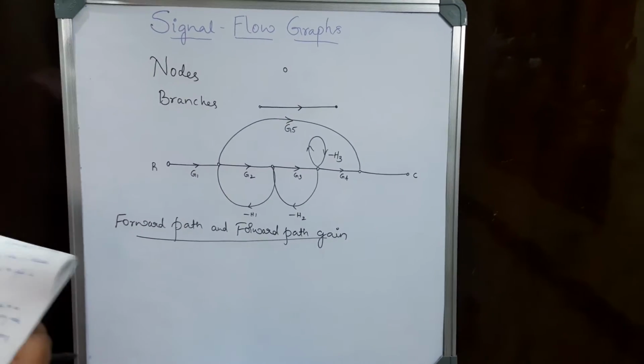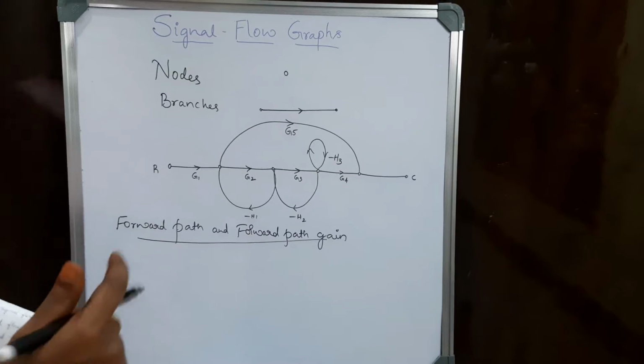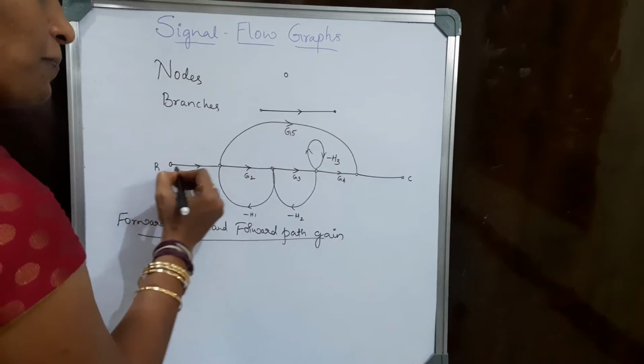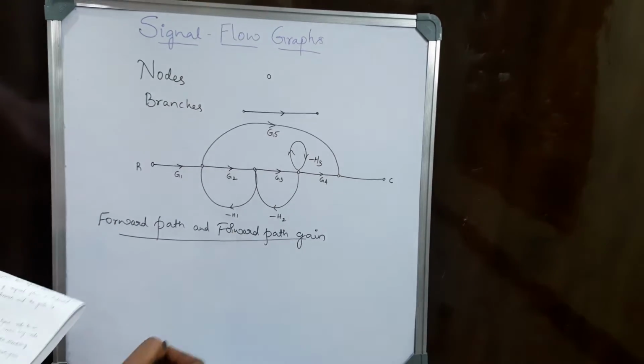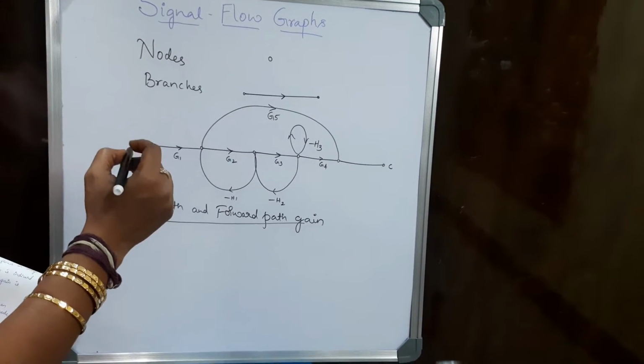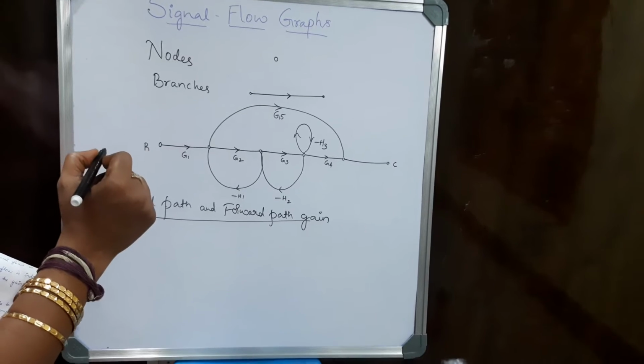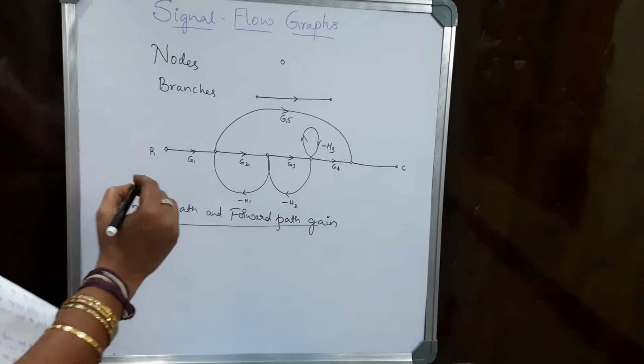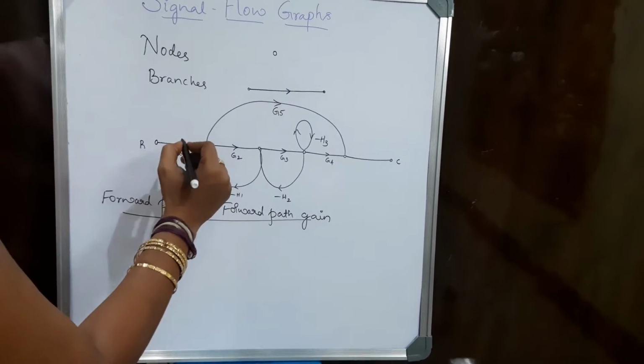Forward path is a path from input node to output node that does not cross any node more than once and follows the direction of the signal flow.